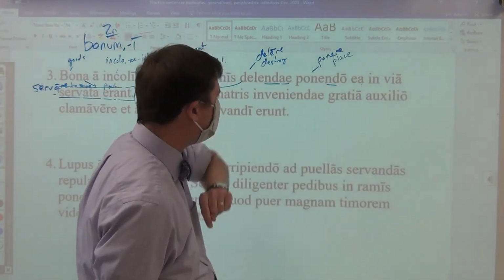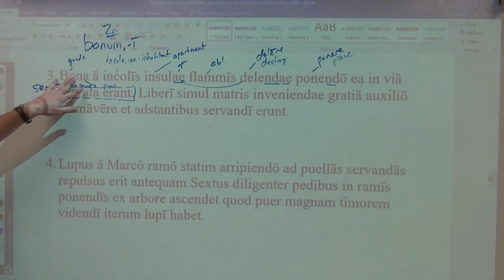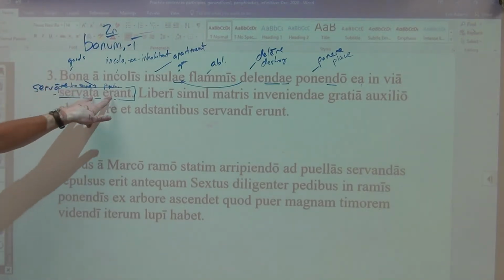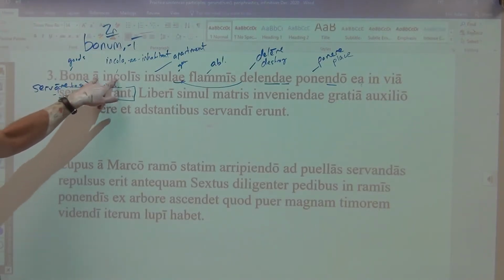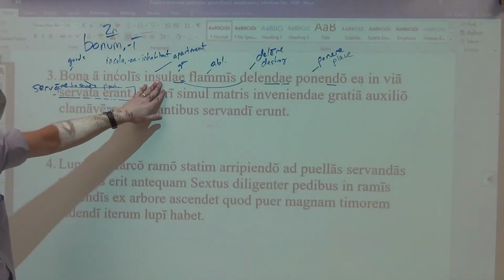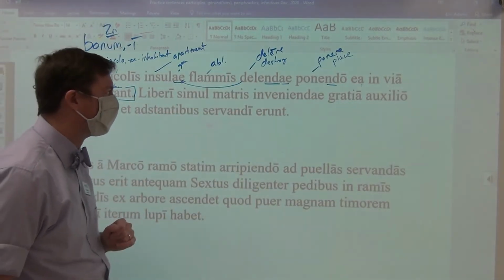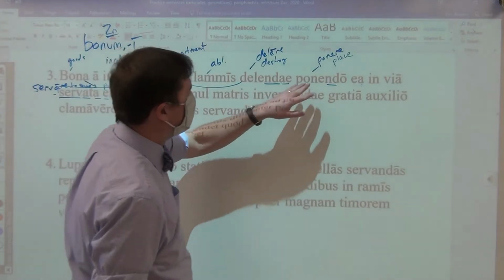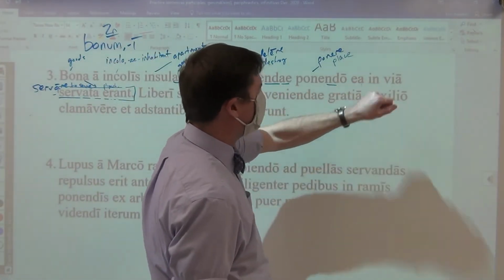That is how that bona stuff servata erat. So, the bona servata erat a in colis, the a in colis, insulae, the insulae delendai flamis, and that stuff servata erant ponendo ea in via.